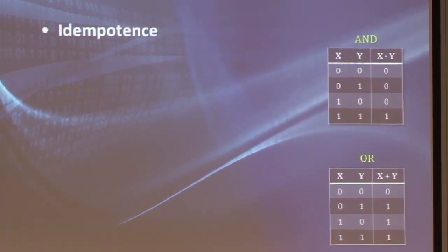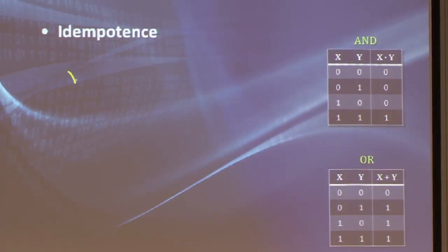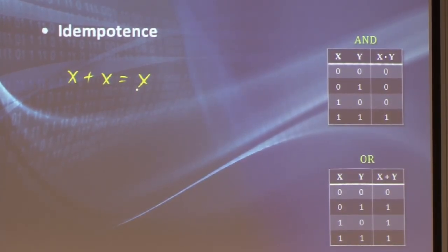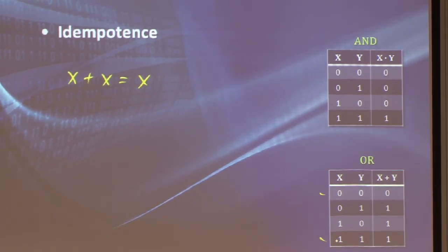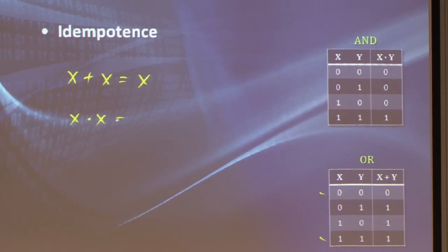Idempotence tells us that anything ORed with itself will just be itself. 0 OR 0 will give us a 0, which is this line here. 1 OR 1 will give us a 1. And it's true also for the AND operation.